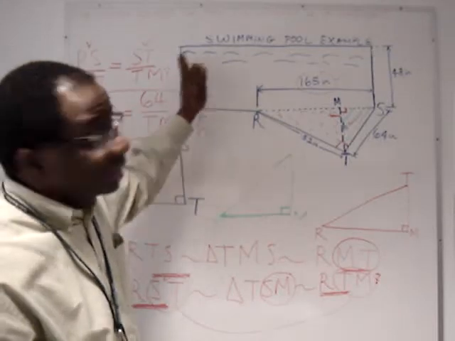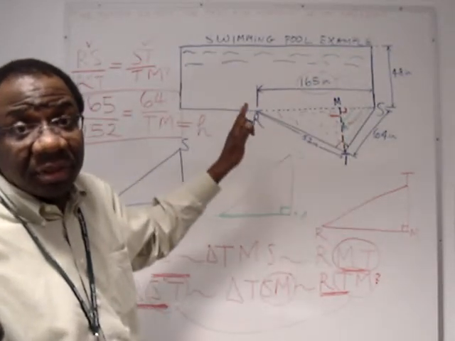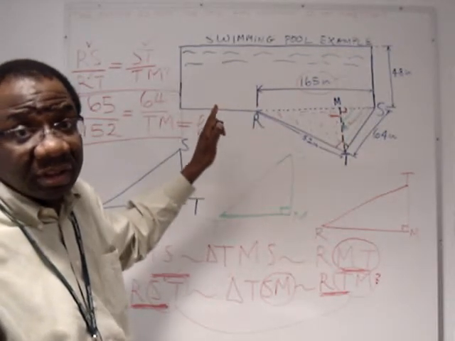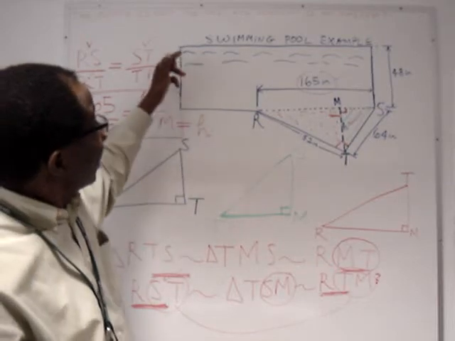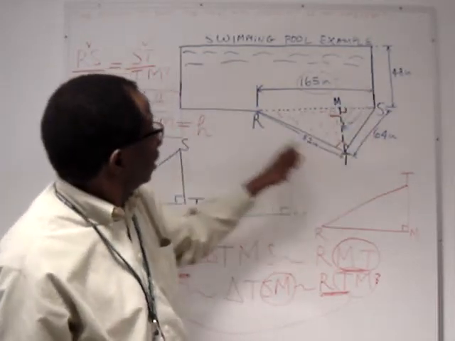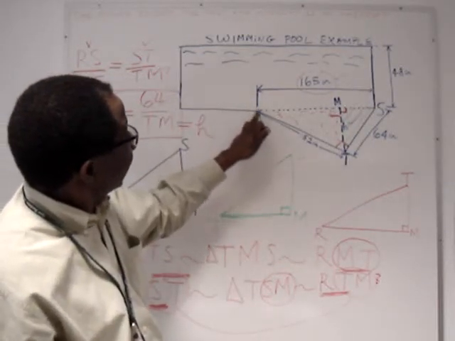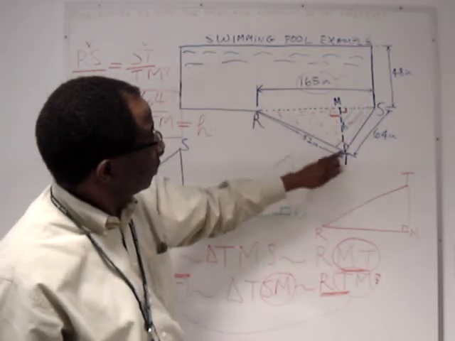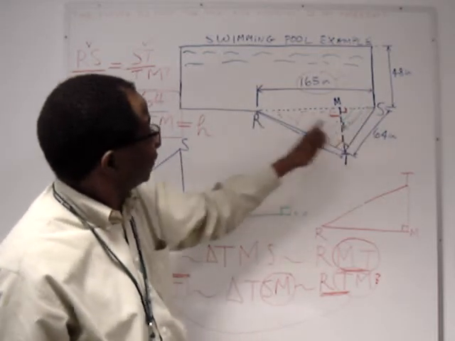Okay, here's a swimming pool example. It's in your book, on page 450. This is the base, but then it dips over here, so you have a deeper section of it.